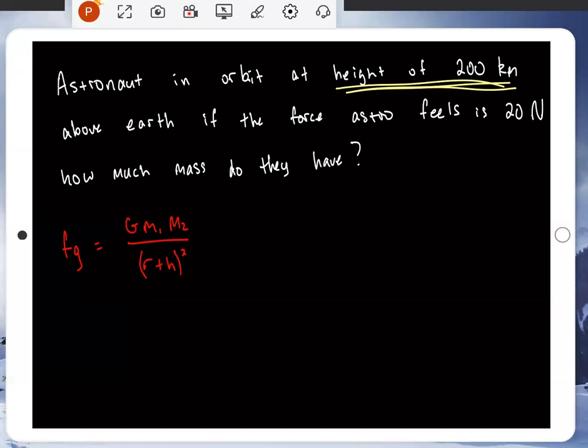So for the height, it would be 200 kilometers. Great. For FG, it would be 20 newtons. Yep, definitely.